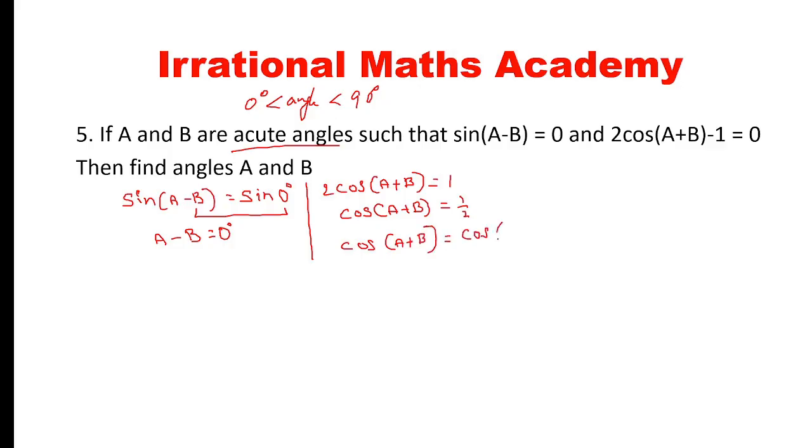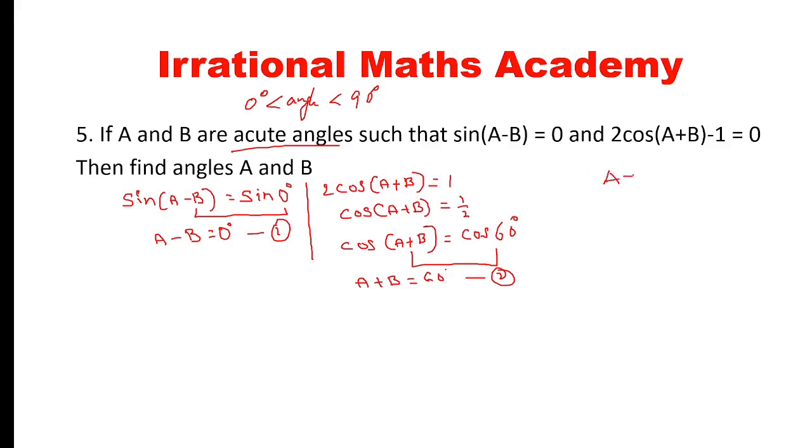So cos 60 degrees. When you are equating, they should be equal. So what will we get here? A plus B equal to 60 degrees. Now this is my equation 1 and this is my equation 2. I'll solve this.